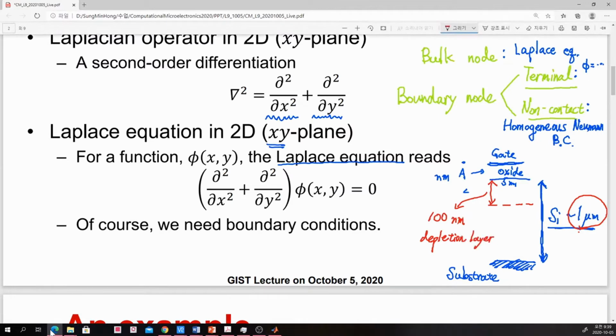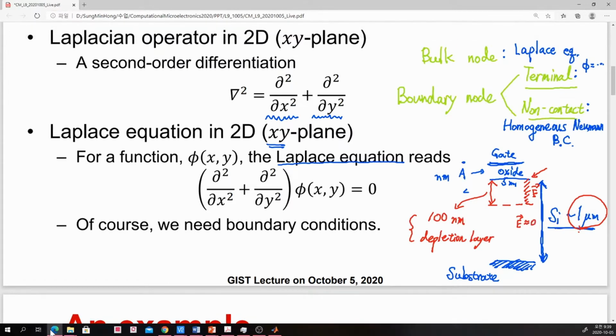Assume in this case that, from the interface of your silicon and silicon dioxide, a 100 nanometer depletion layer exists. Inside it, we have a strong electric field. Of course, beyond this depletion region, the electric field is more or less zero.